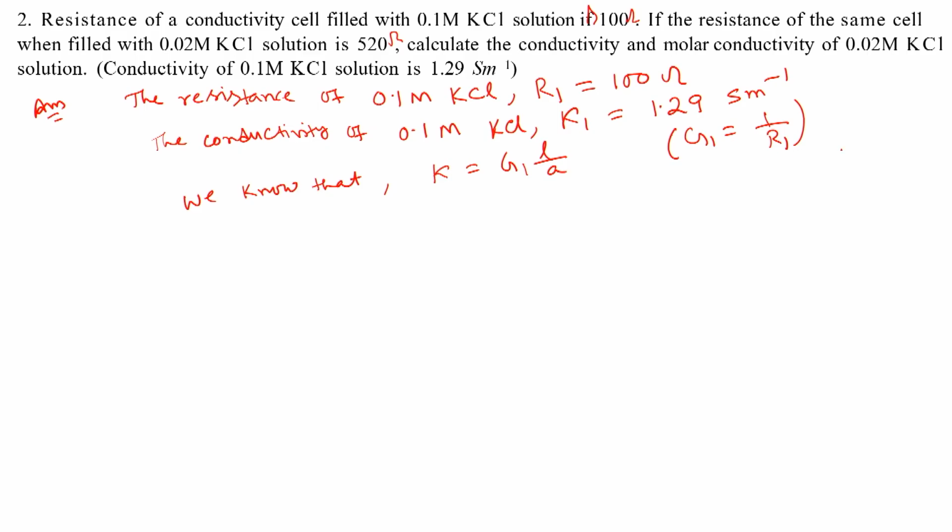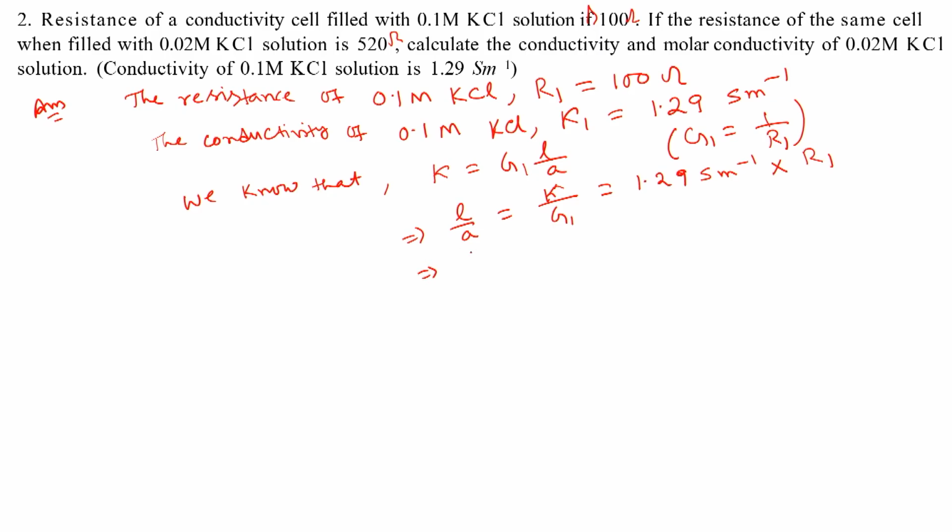Okay. So, now we substitute this. So, we get L by A is kappa by G1. So, we can calculate L by A, the cell constant value. Okay. So, we get 1.29 S m inverse times 1 by G, that is R1, right?